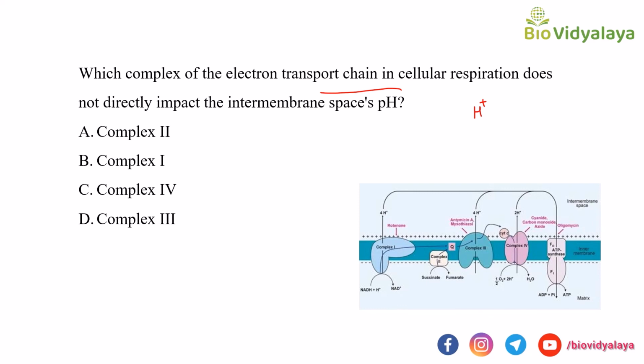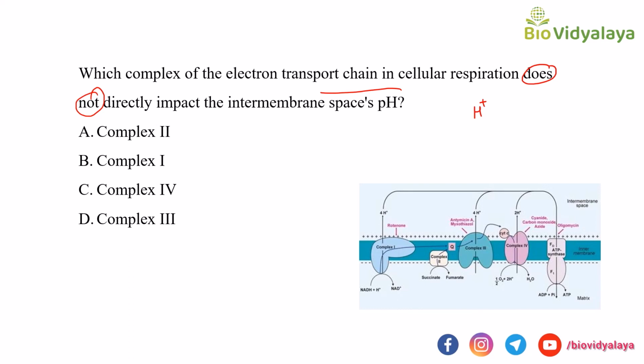Okay. So here, which complex of the electron transport chain does not directly impact, that means does not directly change the intermembrane space H plus ion concentration, that means pH.